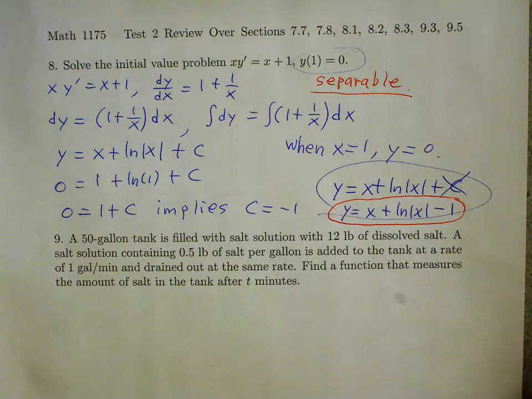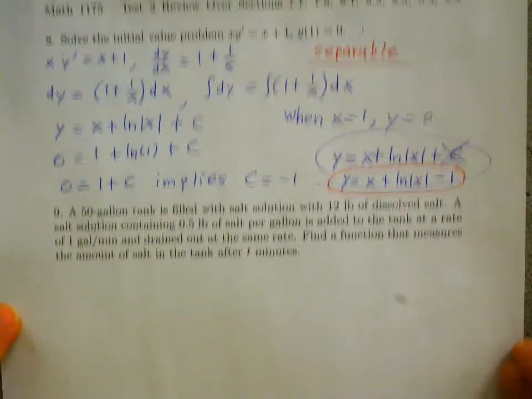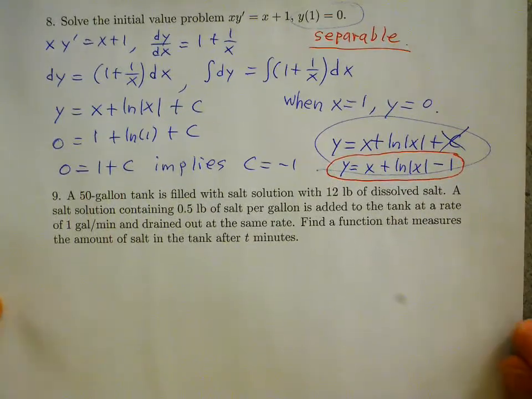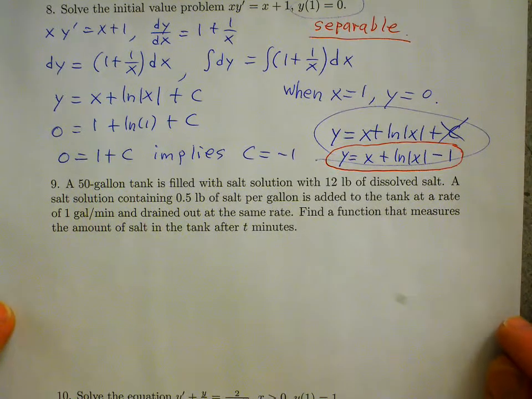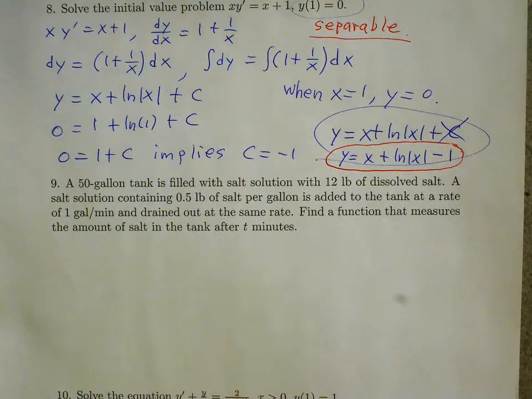Okay, the next one, number 9. A mixture problem. A 50-gallon tank is filled with salt solution that has 12 pounds of dissolved salt. And then a salt solution containing 0.5 pounds of salt per gallon is added to the tank at a rate of 1 gallon per minute, and it's drained out at the same rate.